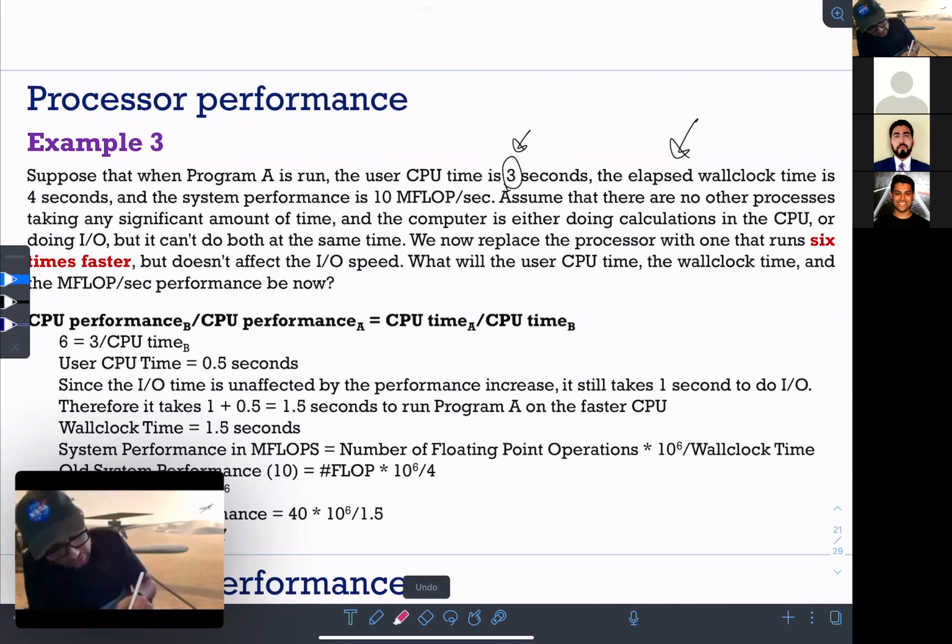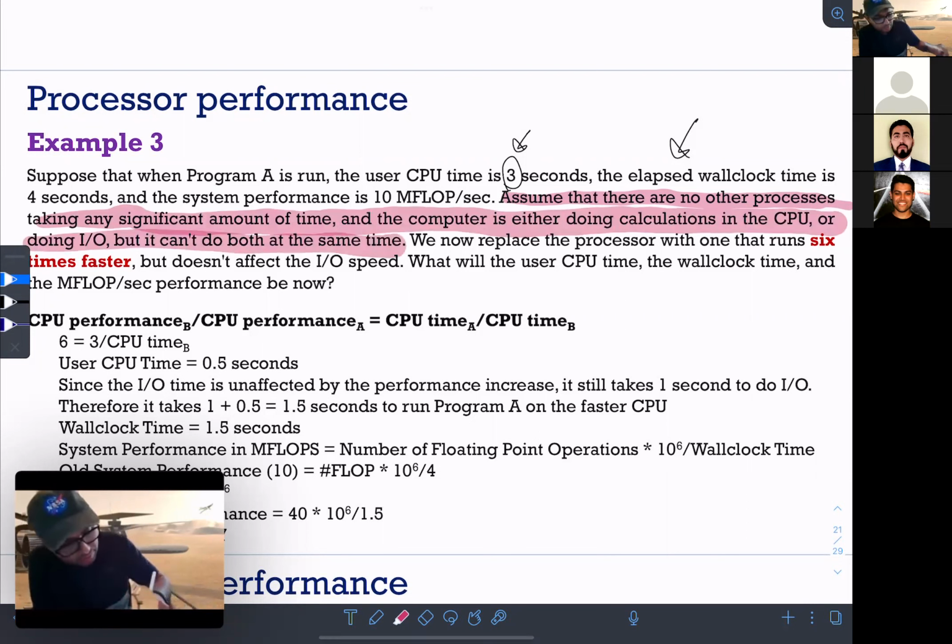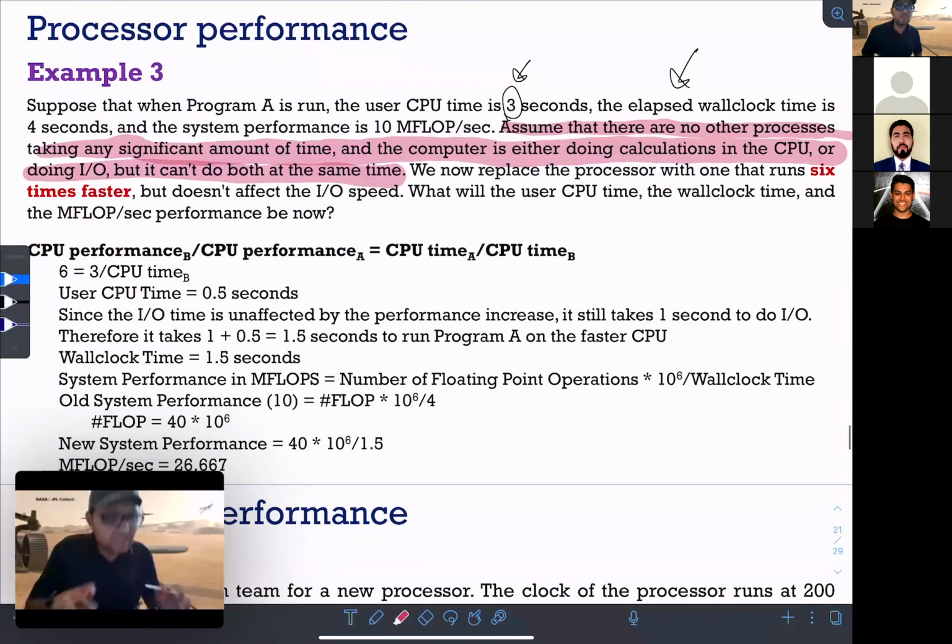Assume there are no other processes taking any significant amount of time, and the computer is either calculating on the CPU or doing IO, not at the same time. What does it mean? It means that 4 equals 3 plus something. That 4 seconds is CPU plus whatever, and that whatever is the IO.